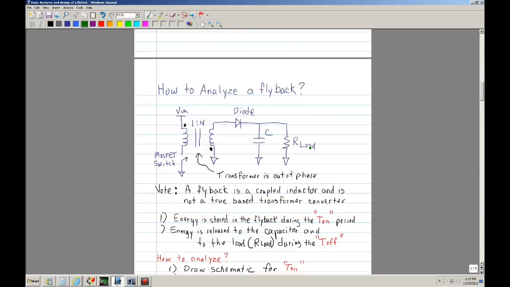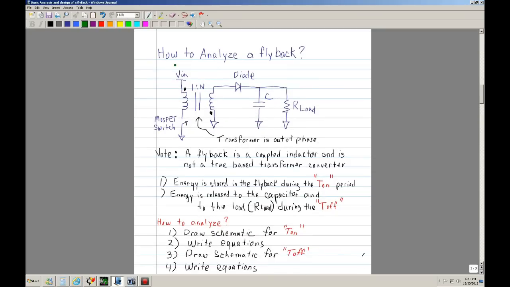Okay, so how do we analyze a flyback? Well, here's a very simplified schematic of a flyback. You really have an input voltage.